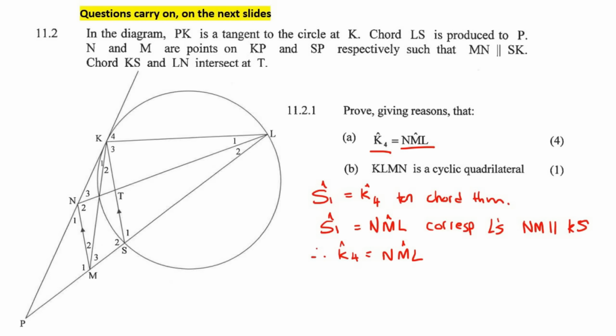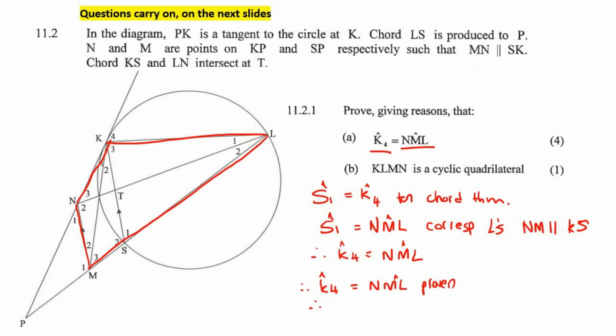Next one: prove that KLMN, okay, where are you, KLMN? Prove that it's a cyclic quad. Well, this is for 1 mark, and you know why, guys? Because it's so easy. We already proved that this angle is the same as this angle. So that's the exterior angle of a cyclic quad. We can say K4 is equal to NMO, and that we already proved.